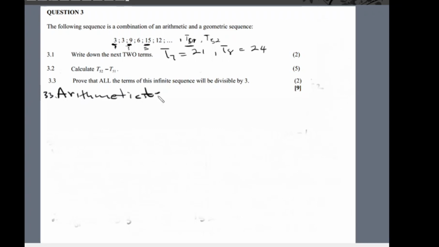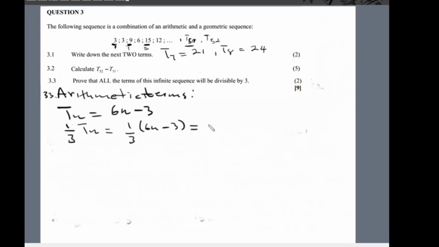For the arithmetic terms, Tn is equal to 6n minus 3, right? So if you take this and divide by 3, you'll get 1 over 3 times 6n minus 3. It's equal to 2n minus 1.